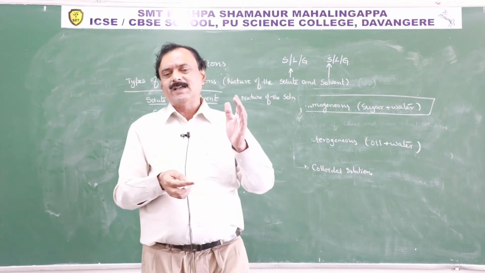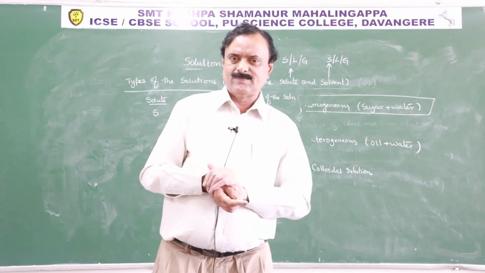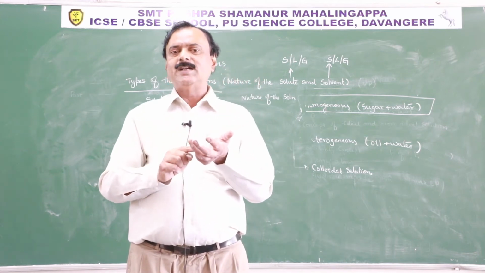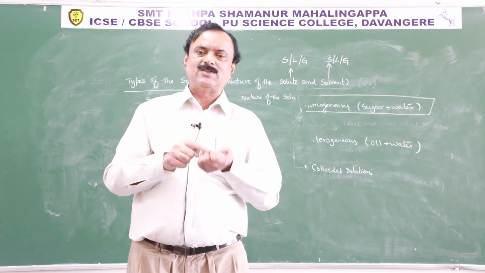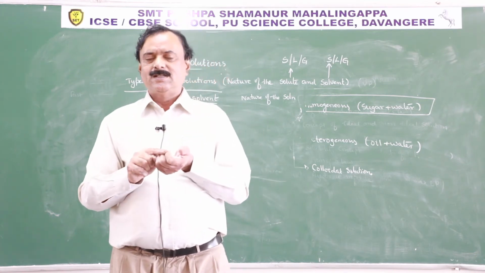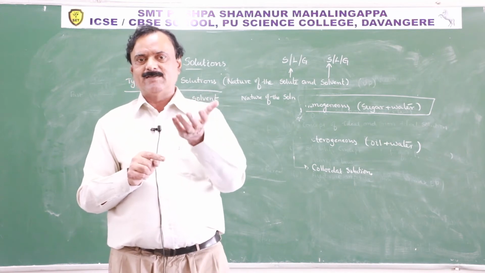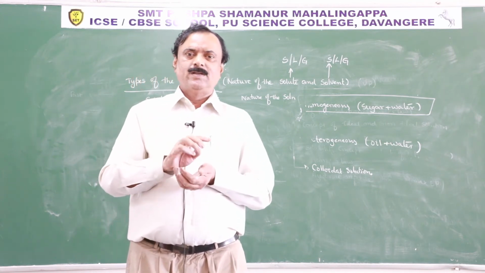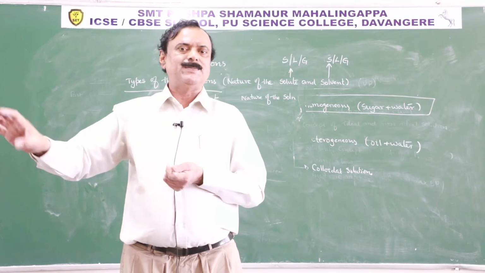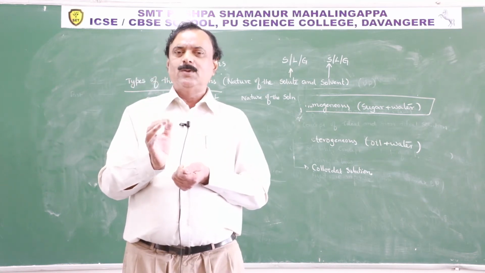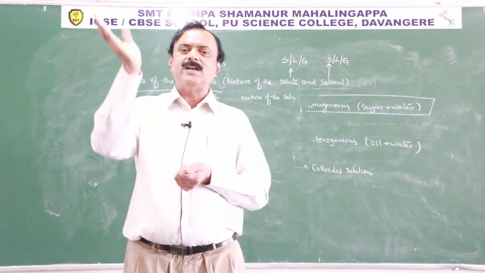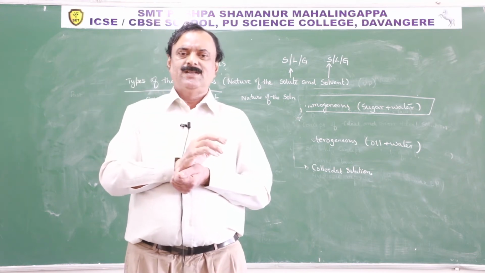Except for solid solutions, the remaining types, solid in liquid, solid in gas, liquid in liquid, liquid in solid, liquid in gas, gas in solid, gas in liquid or gas in gas, can be obtained by different methods. But solid in solid is obtained only after the melting point of the solids.